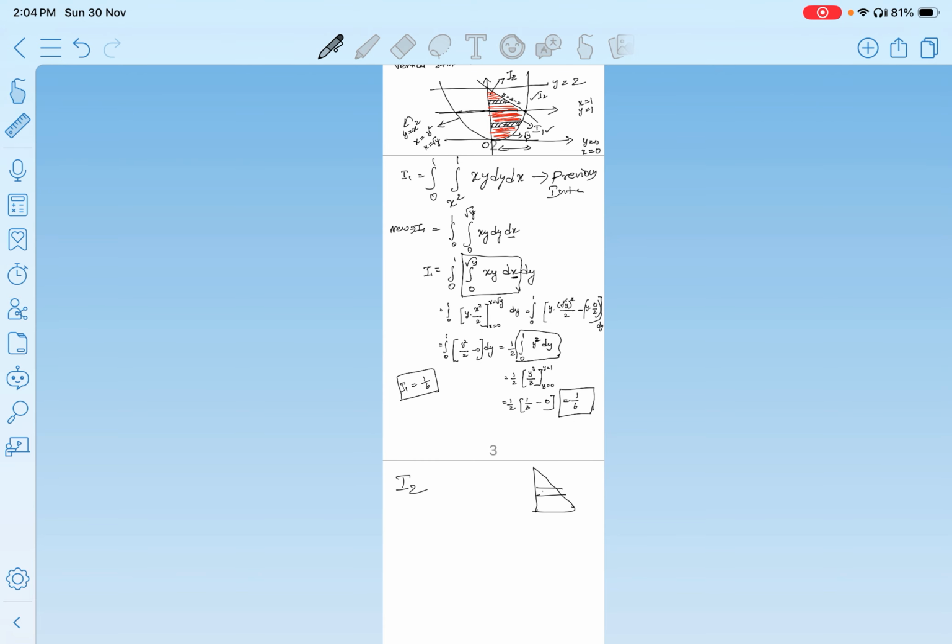Okay, so this is a horizontal strip. So this line is y equal to 2 minus x, and this point is your x. Your x is from here, right?